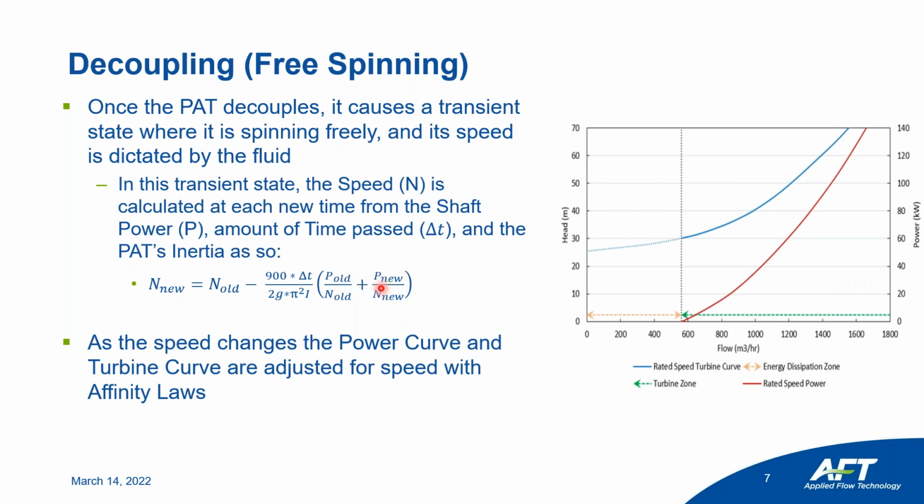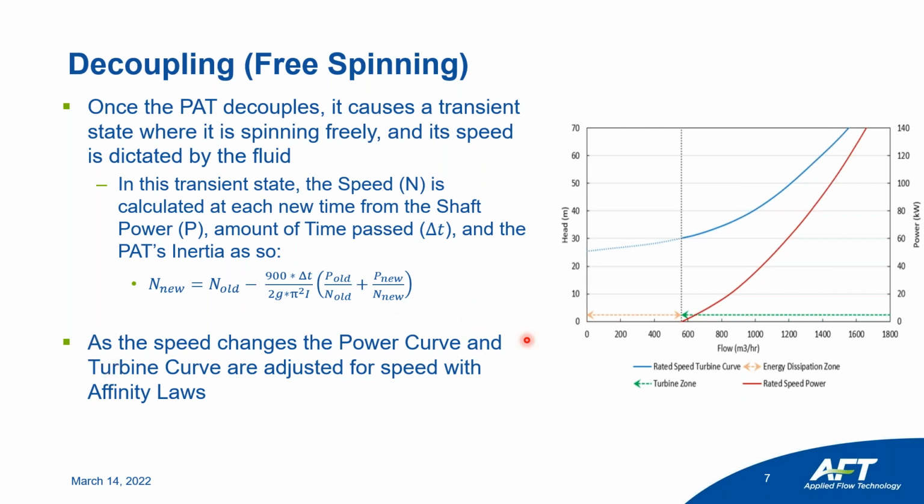And also the new power, since it's at a new speed, is the power curve adjusted by the affinity laws and the new speed as well. So that's why this is an iterative process. But in Impulse, we do this calculation for you to seamlessly get the speed at any given point of time during the transient.